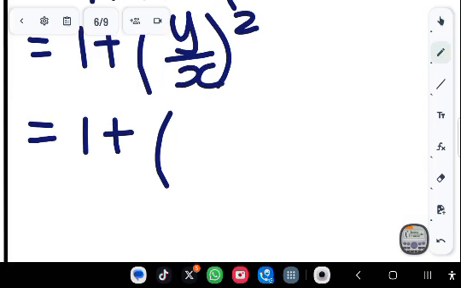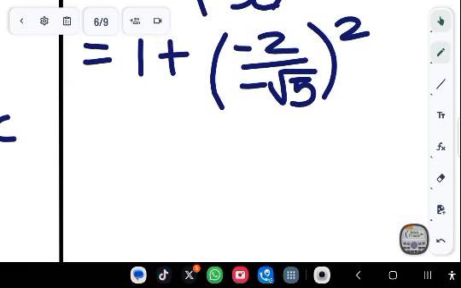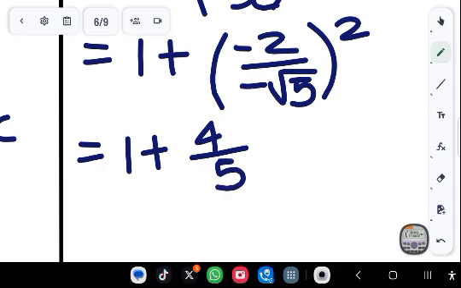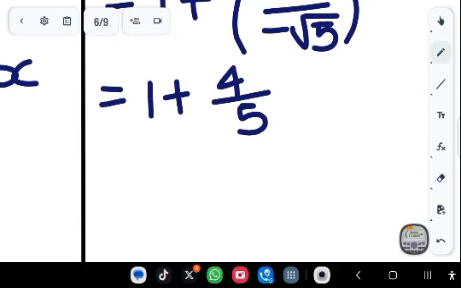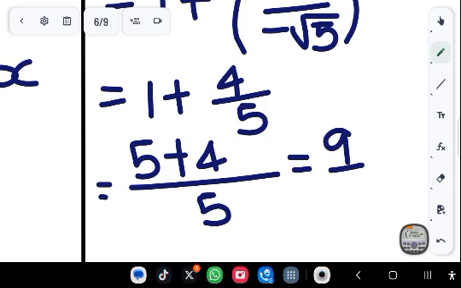So that's negative 2 over negative square root of 5 all squared. They'll end up positive, so that is 1 plus 4 over 5. Use a calculator. That will be 5 plus 4, and that leaves us with 9 over 5.